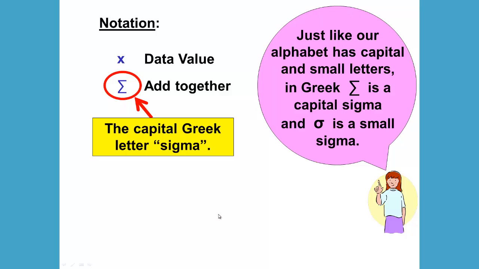Just like our alphabet has capital and small letters, in the Greek language, sigma is a capital sigma, and the little O with a hat is the small sigma. And so we have two sigmas, and please keep them straight. It will make life so much easier for you.